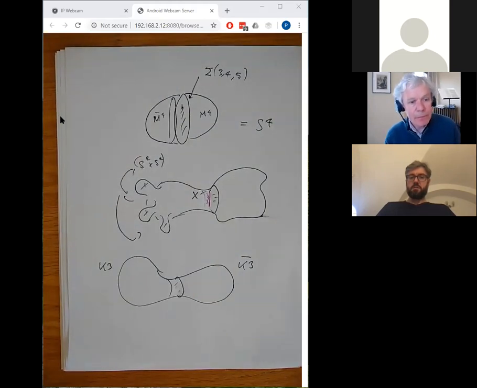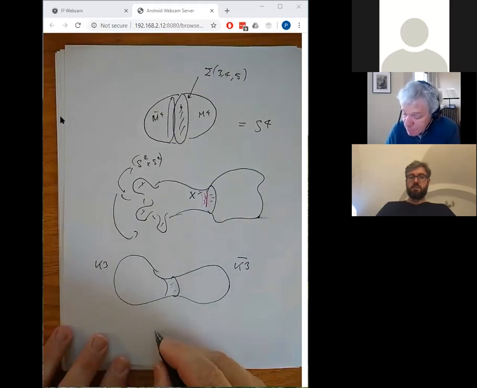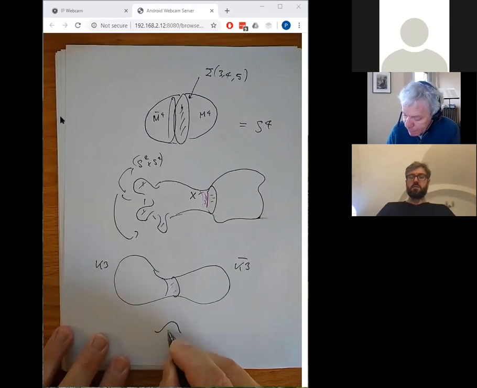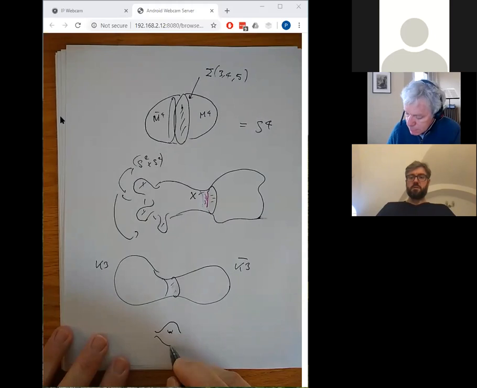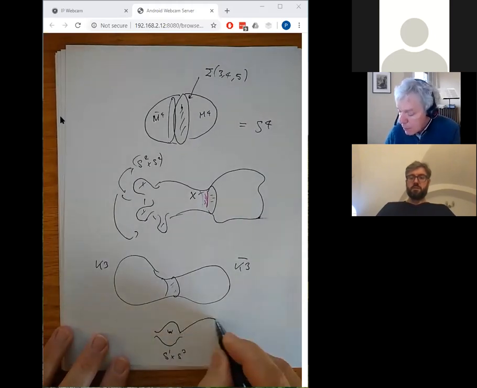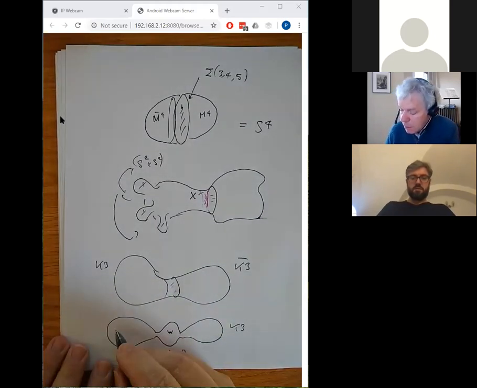I have another question. Does your theorem hold for K3 connected sum S1 cross S3 connected sum K3? It seems it holds. When you break down the manifold into two prime pieces, you can push things to one side. S1 cross S3s are good manifolds to extend things over. But I'm not sure.